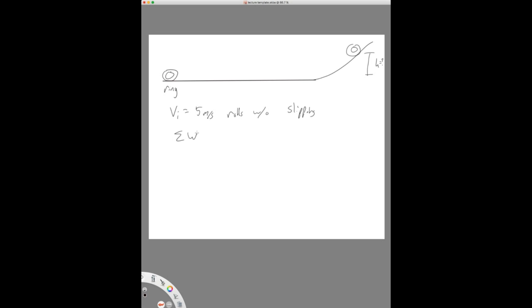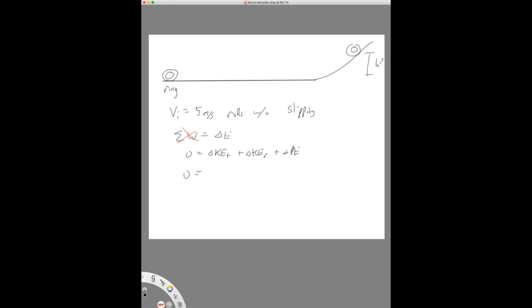So we start out the same way. Net work equals change in the energy. If it rolls without slipping, we don't have any work. So we're going to have delta KE translational plus delta KE rotational plus delta PE for gravity because it goes uphill.